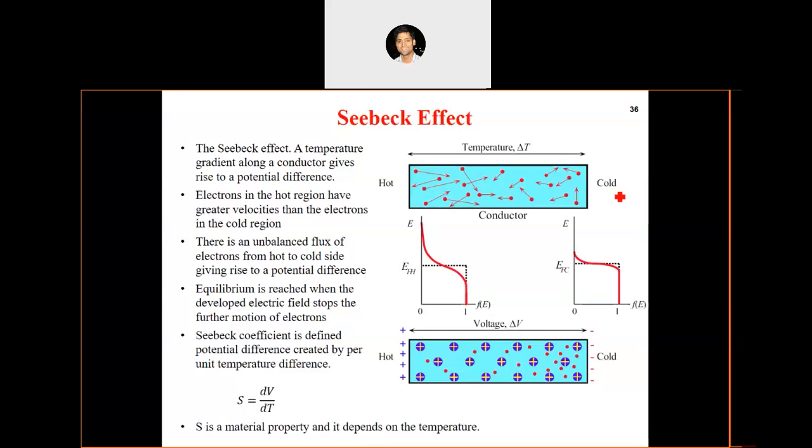So if we can increase the efficiency of these thermoelectric materials, which work on the principle of the Seebeck effect, we can utilize a lot of waste heat which is not being utilized as of now, and that is also contributing to global warming. So in this field there is a lot of active research going on. It happens to be one of my research areas also. We work on thermoelectric materials in my group.